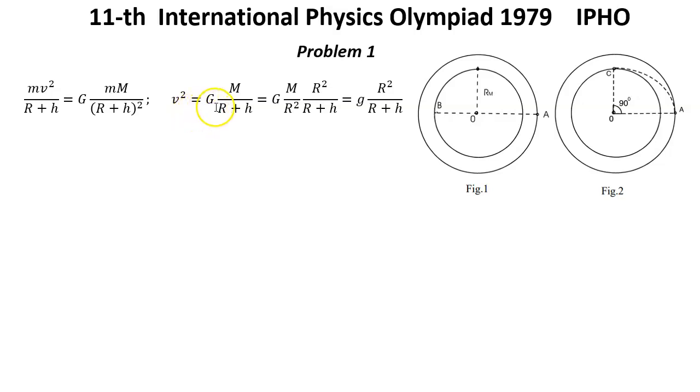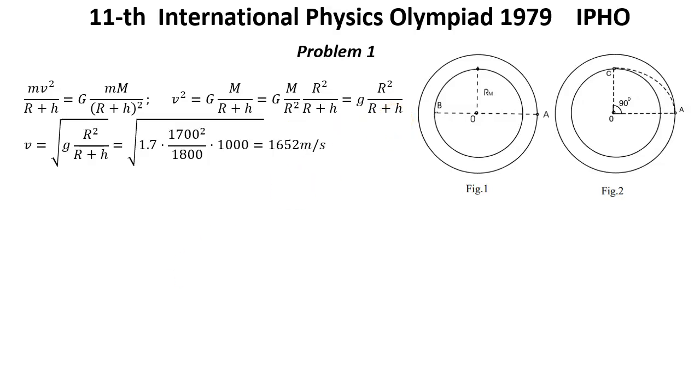That will be, after using expressions for acceleration on the Moon surface, v square equal g r square over r plus h. After calculations we can find that this speed on initial Moon orbit is v equal 1652 meters per second.